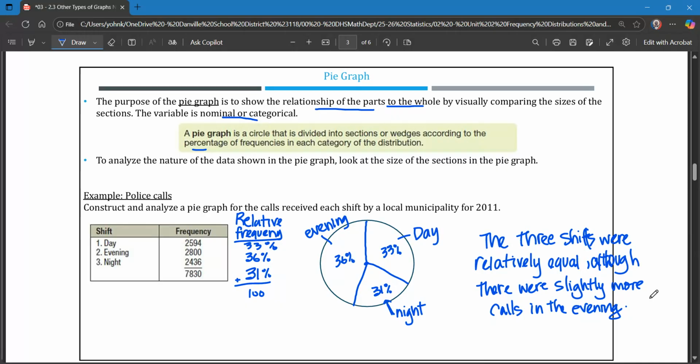So as long as you are comparing the different circle wedges together and saying something about which one is bigger than the rest, or how they compare to each other.